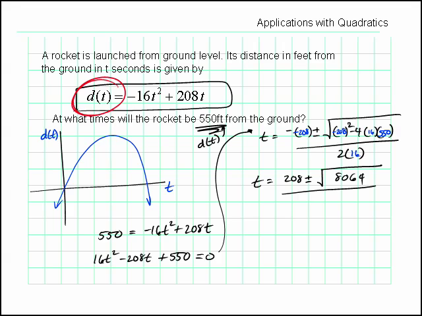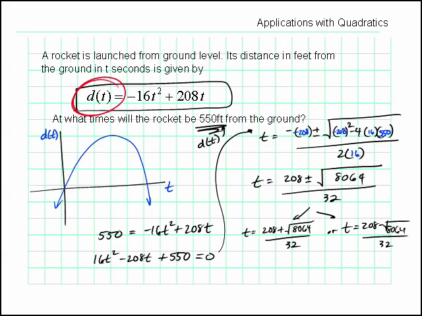All divided by 32. Okay. Now I'm going to get two answers. If I use the plus sign, 208 plus the square root of 8,064 divided by 32. And if I use the minus sign, like that. Getting a decimal approximation by using my calculator.